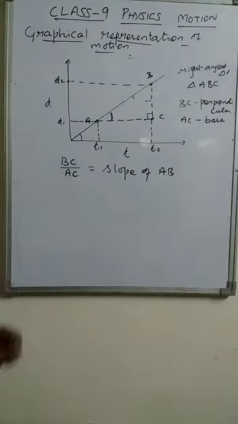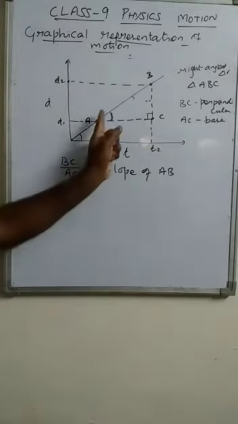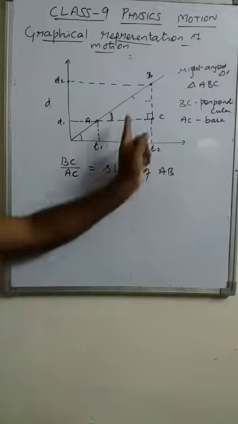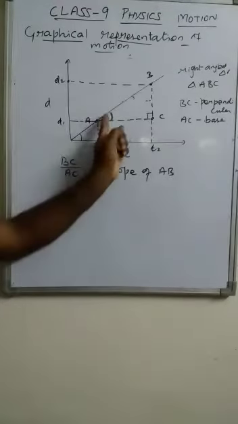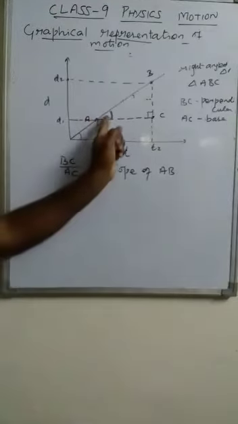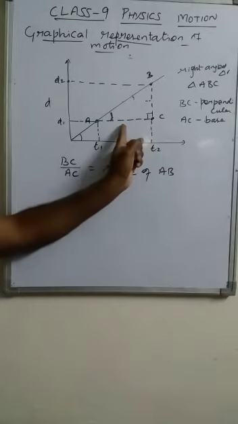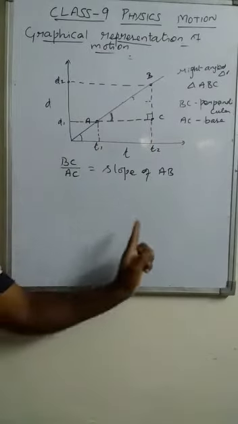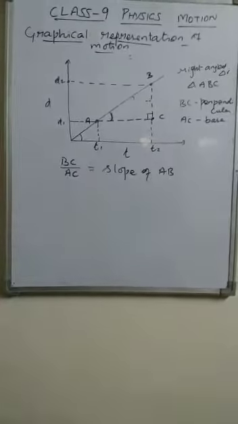So whenever we have a right angled triangle, if we mention any angle except the 90 degrees, either this or this, for this angle we have the perpendicular and the base. The ratio of perpendicular to base is the slope.